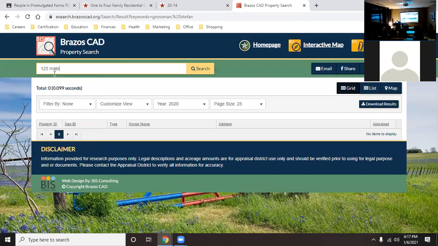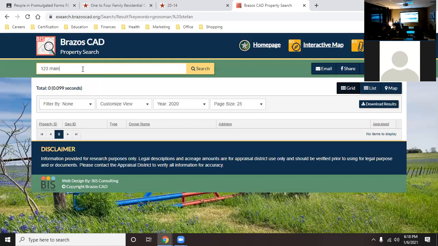When you're typing in an address, this is the wrong way of typing it into a CAD. That is incorrect. You do not put 123 Main Street. You delete out the street and you just put the number and the name, and that's it.